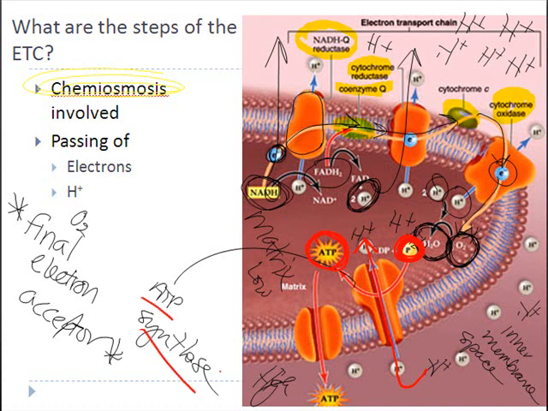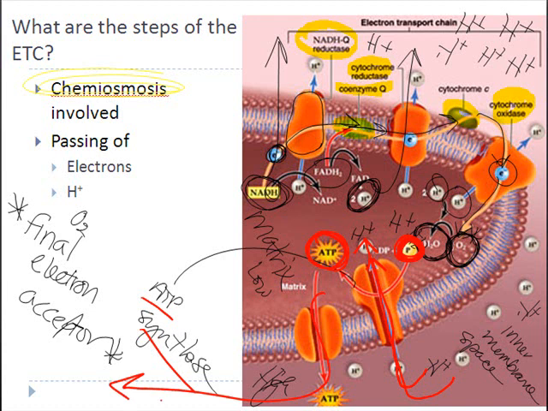To synthesize means to make. So ATP synthase is an enzyme that makes ATP from ADP. And it does so by harvesting the energy of these hydrogen ions moving down their concentration gradient and back into the matrix. That's chemiosmosis. So then we make all of these molecules of ATP, and then we can shuttle the ATP molecules out of the mitochondrion, and they can be sent anywhere they are needed in the cell to perform whatever work is needed.